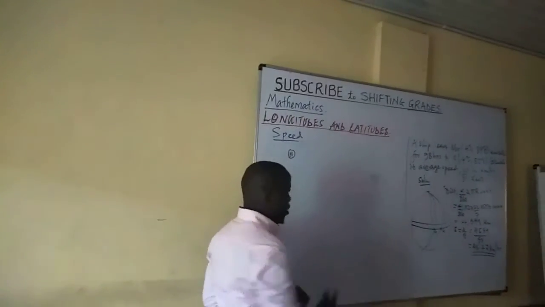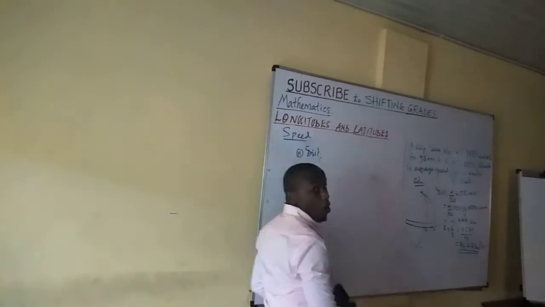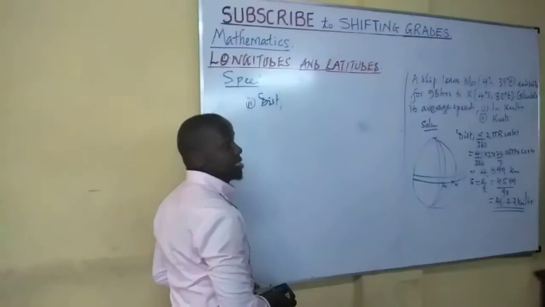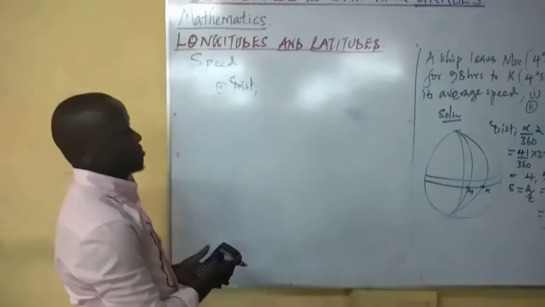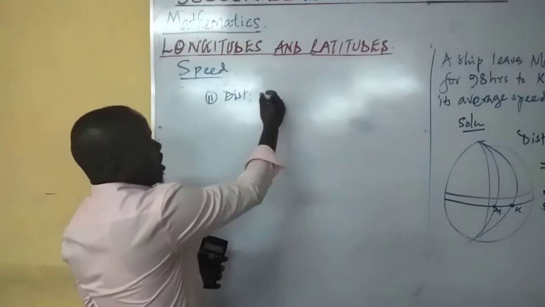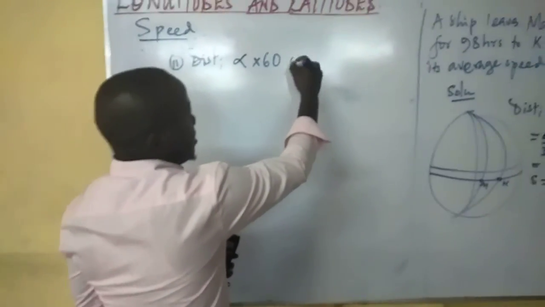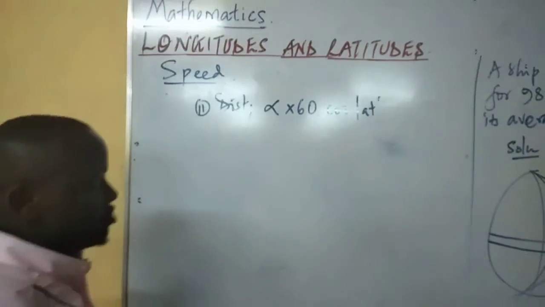To get speed in knots means we will get distance in nautical miles. For distance in nautical miles, we know that it is gotten by alpha times 60 times cosine of the latitude where the two places are.